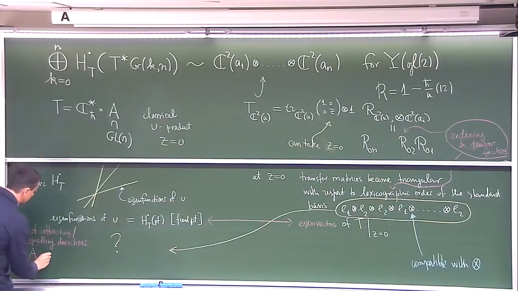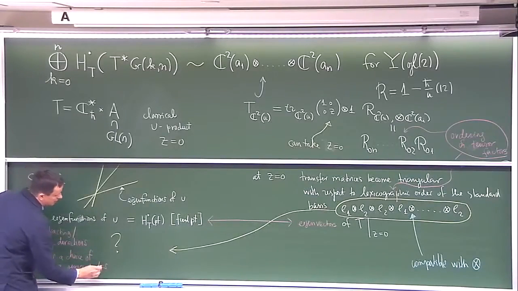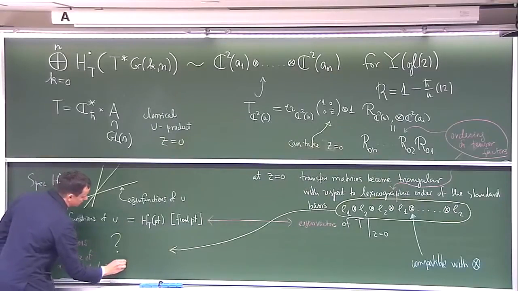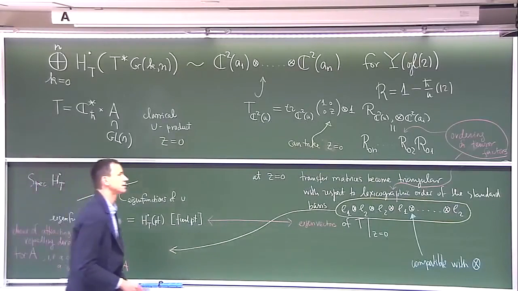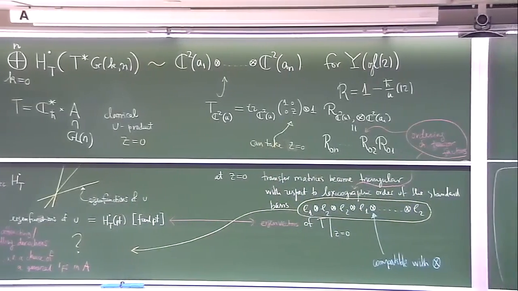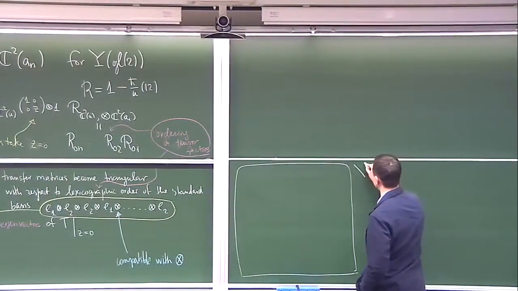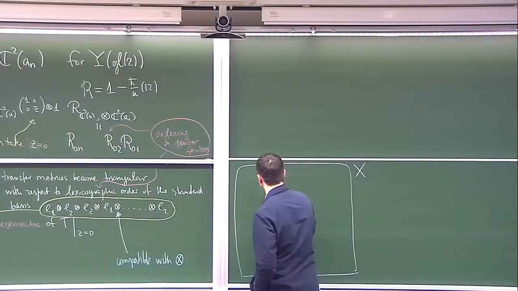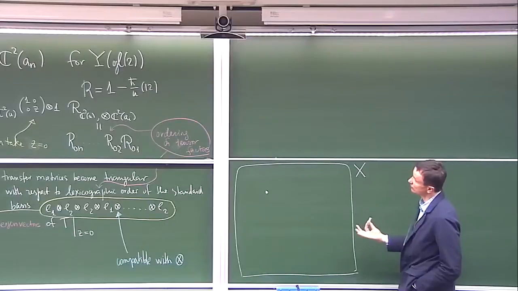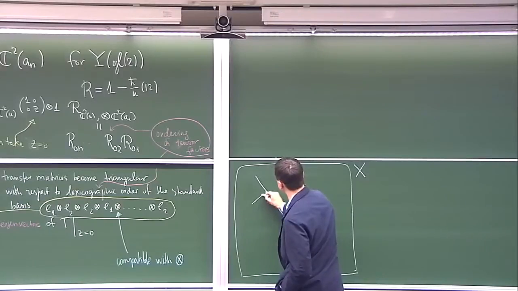In other words, a choice of a general one-parameter subgroup. So what does this choice look like? Here is my x, and I have some fixed point. Now at the fixed point, my torus, since it preserves the symplectic form, will have some attracting, some repelling directions.